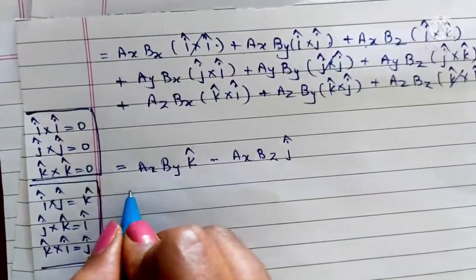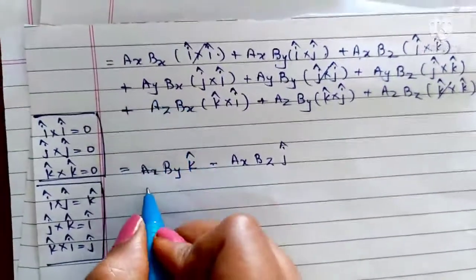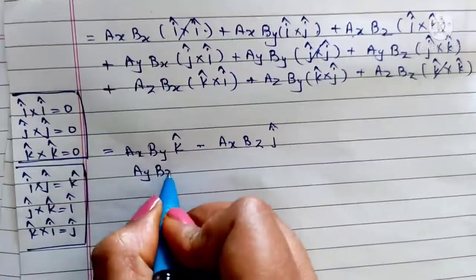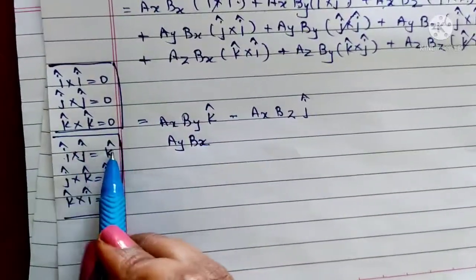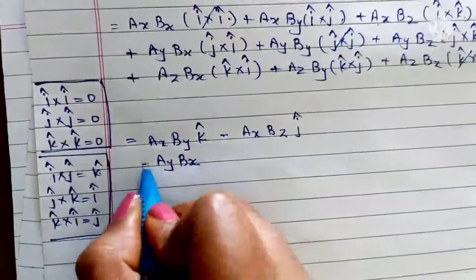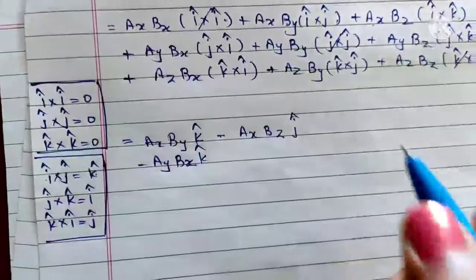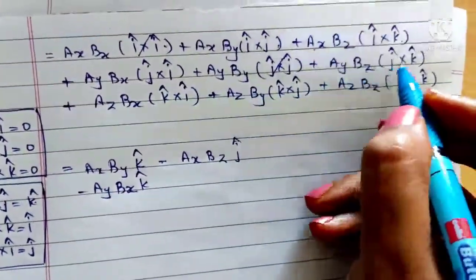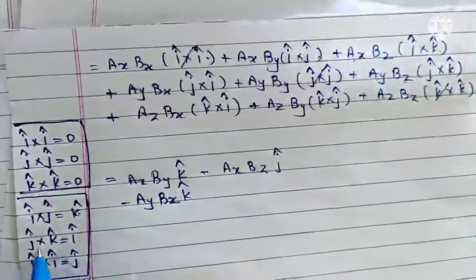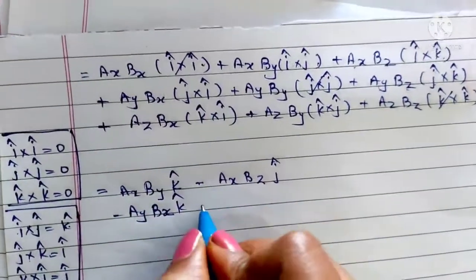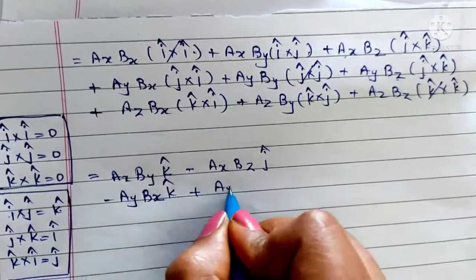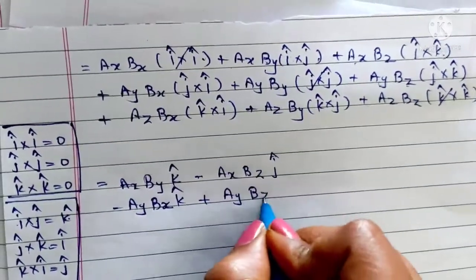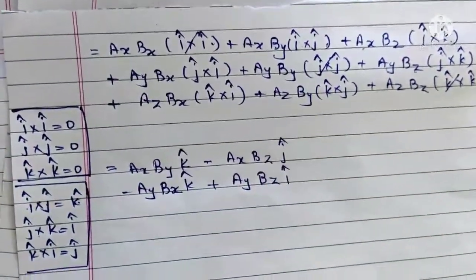Then the next term ay bx and j cap cross i cap. Here j cap cross i cap becomes minus k cap. Then ay bz j cap cross k cap. J cap cross k cap is equal to i cap, so here I can write plus ay bz into i cap.